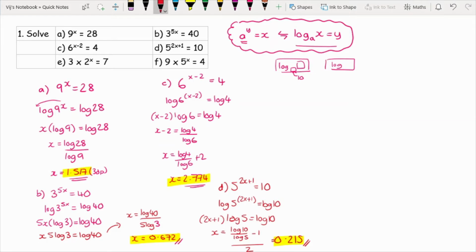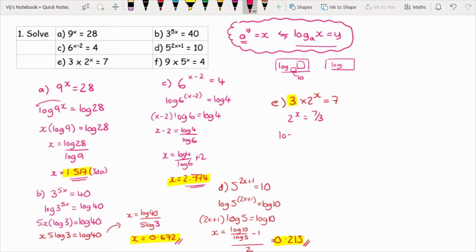So moving on to E. Here we've got 3 times 2 to the power of x equals 7. As you can see, I've got this 3 that I need to get rid of, because what I'm wanting on the left hand side is just the base number and the power. So I need to get rid of this 3 first, and I do that by dividing. So it's going to be 2 to the power of x equals 7 over 3.